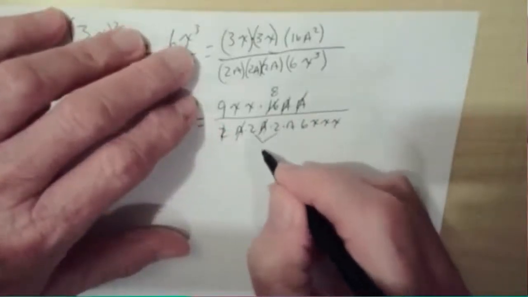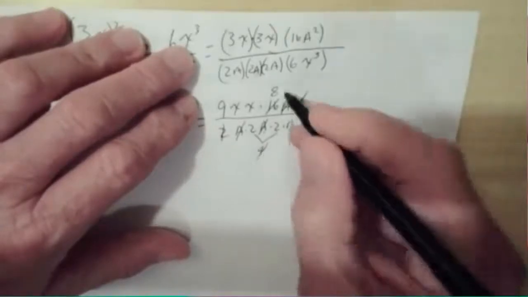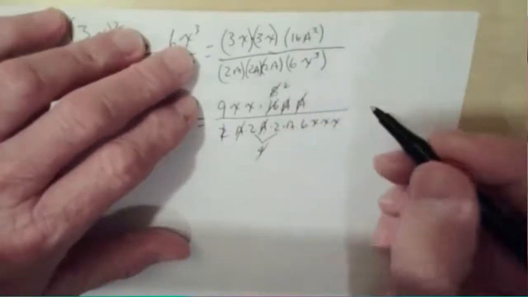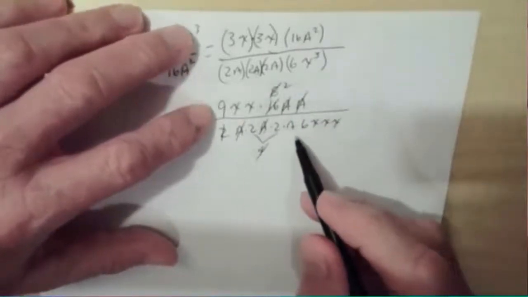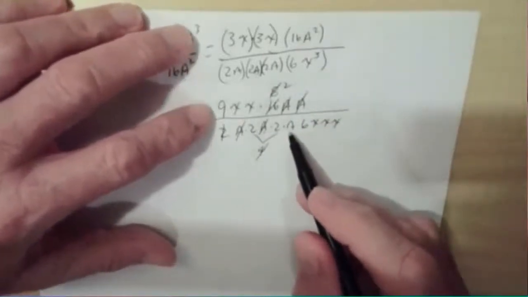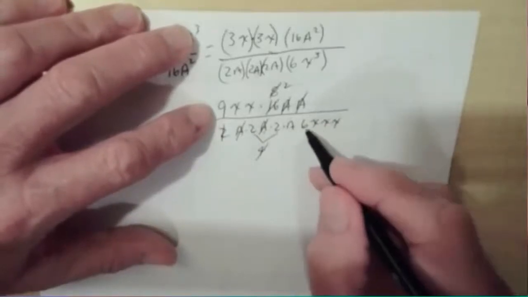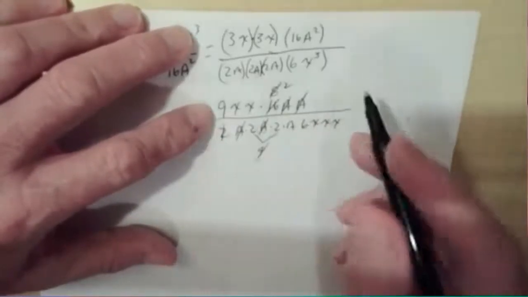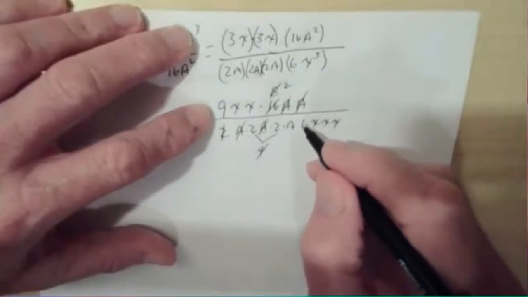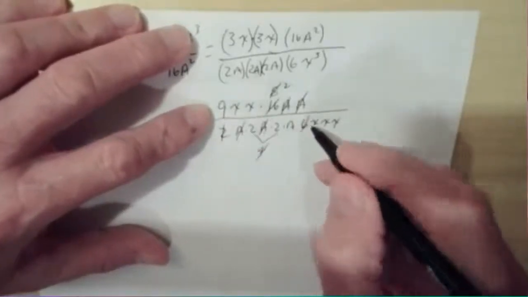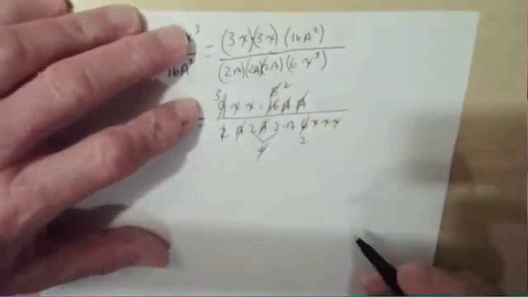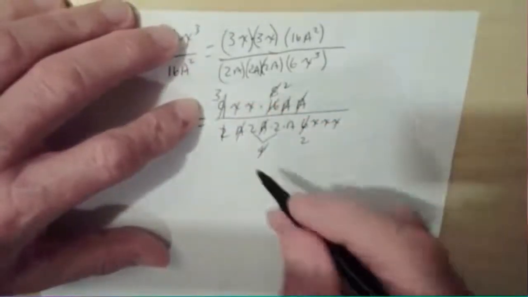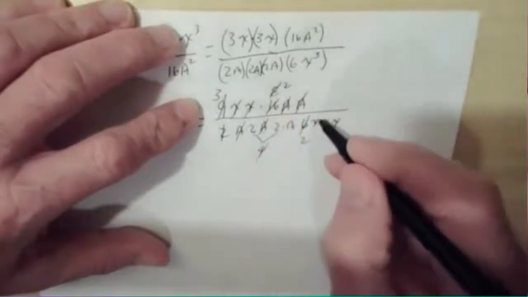So we can cross that one out, make that into a 2. Did we take care of all the a's? No. And 6 and 9, we can factor both of those by 3. It's 2 and 3. Everybody with me here? And 2 x's and 2 x's.